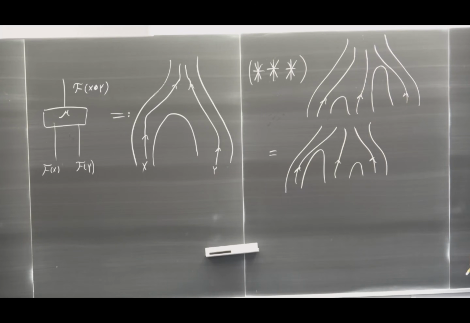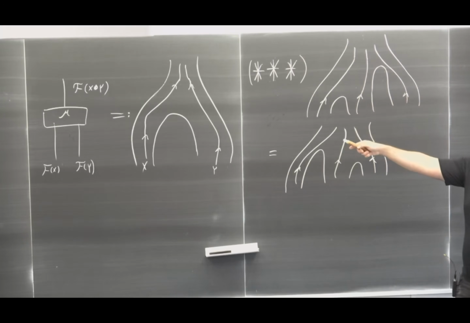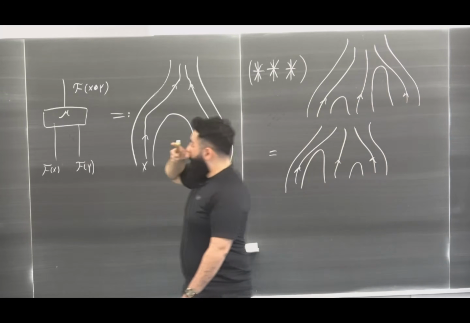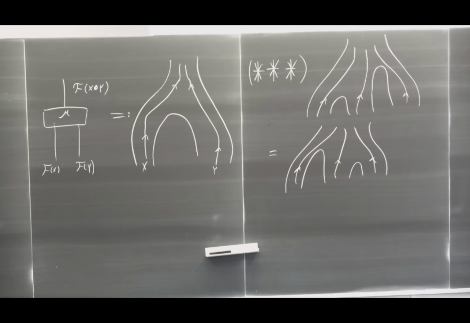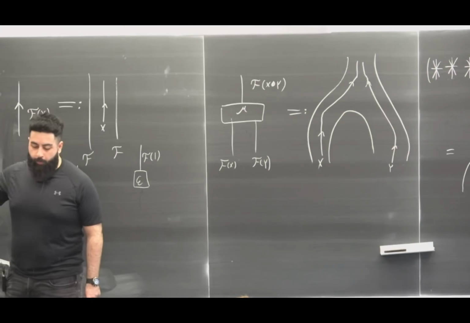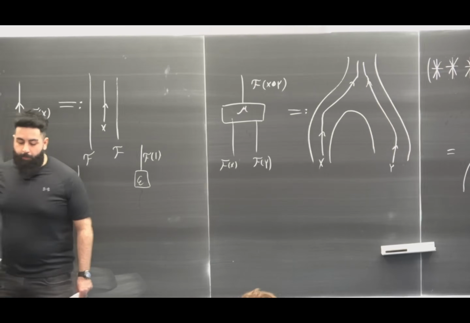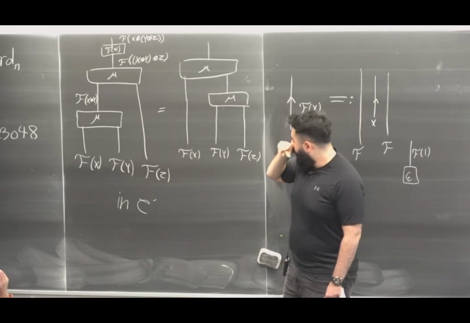The only important thing to note from last time is that in that diagram, because it's done in C prime, remember our monoidal functor takes in values in C and spits out values in C prime.